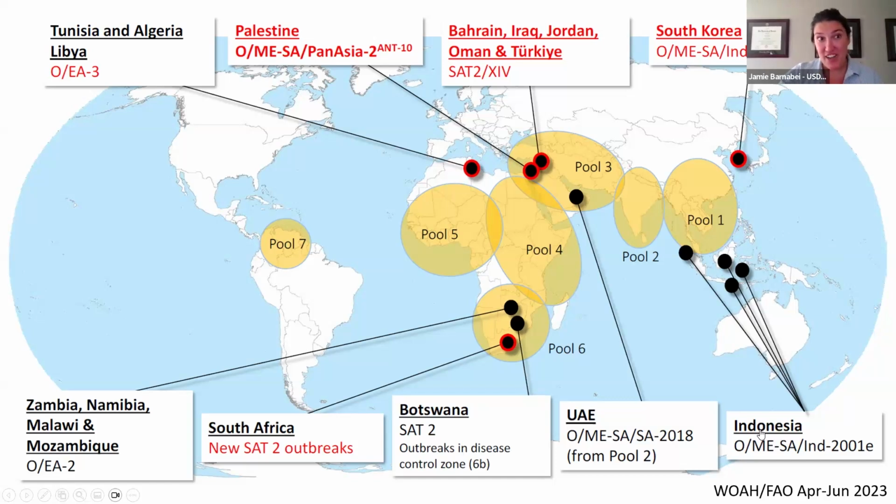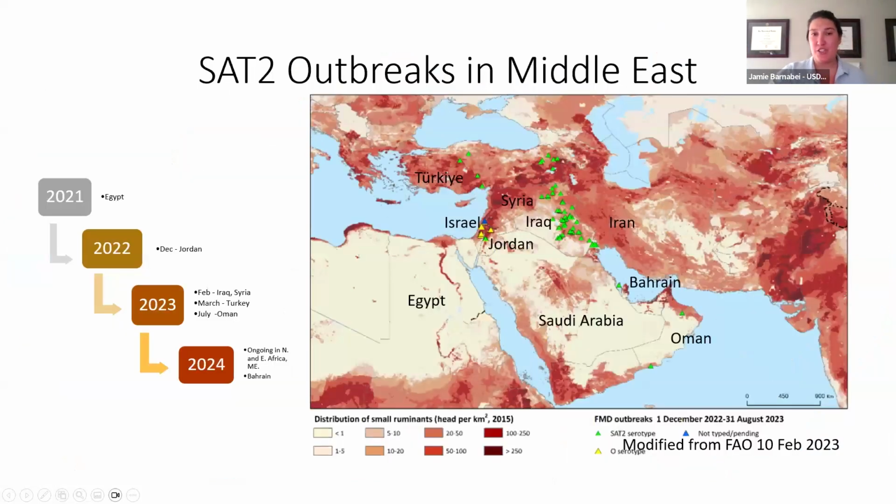So that's strain specific to Lauren's question, right? You can see we've got a 2018 topotype here, and then down here, this India 2001E affected Indonesia, again, outside of a standard circulating pool. All of the islands have been affected. We also saw that same strain, that India 2001E, hit South Korea. So some interesting things happening, and we're going to look a little bit closer at the SAT2 outbreaks in the Middle East.